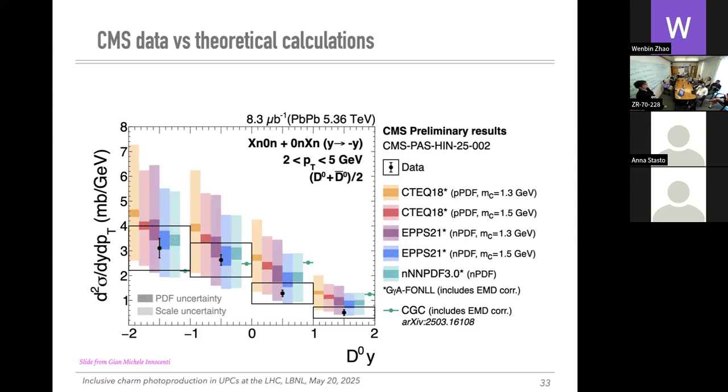Small question from a non-expert. So, for example, in this uncertainty, do you have uncertainty from the fragmentation in it? Not necessarily, because this thing here, the smaller one is the uncertainty on the initial PDF.